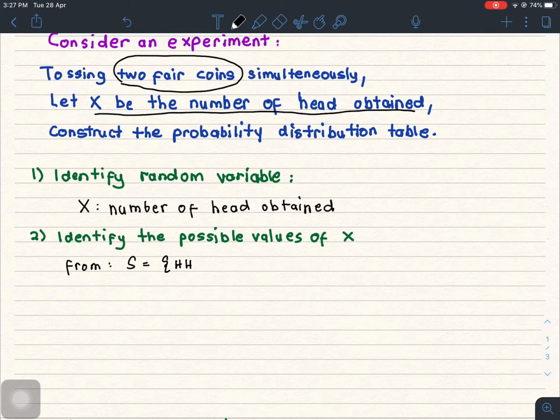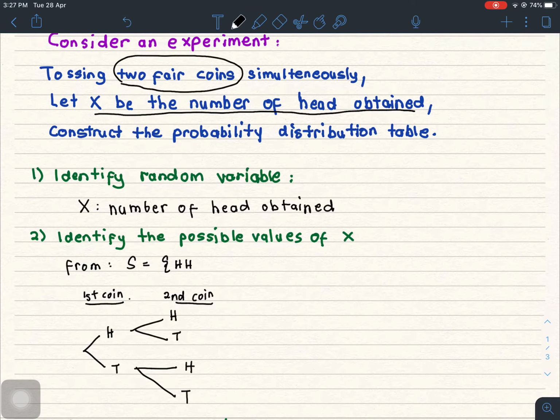Now, do you know how to get it? You can actually draw from tree diagram. Let's say the first coin, let's say this is the first coin. So your outcomes might have head and tail. Alright. Now for second coin, still you get whether head or tail. Alright. And then if you get a tail, you might get also head and tail.